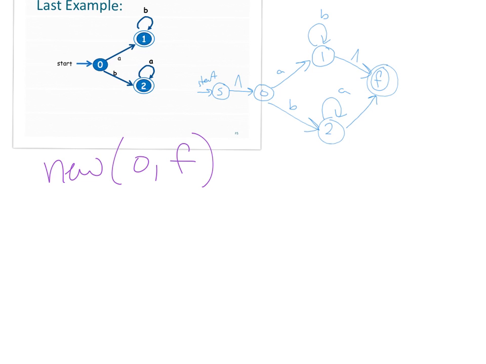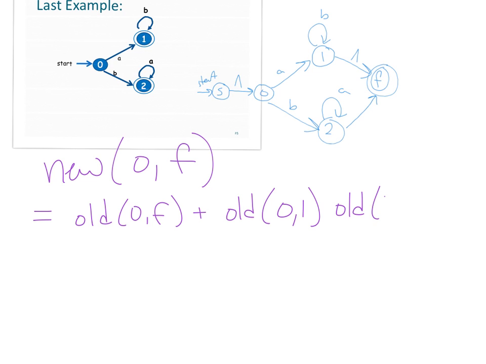And the equation for that is the new 0 to F is the old 0 to F plus the old 0 to 1 times the old 1 to 1 starred times the old 1 to F. Oops, that's supposed to be an F. Alright, and the old 0 to F, well, there is no path.